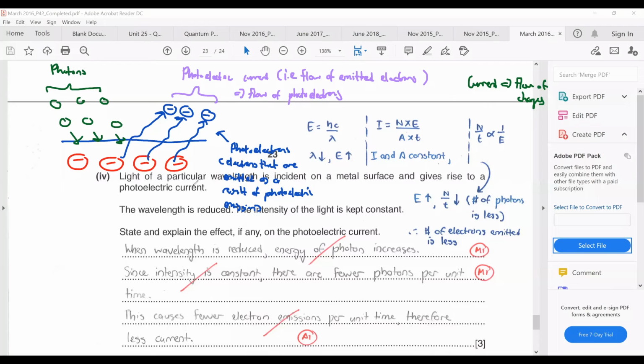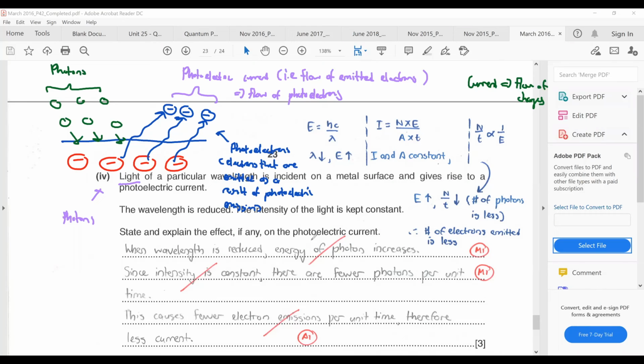Light of a particular wavelength is incident on a metal surface, giving rise to a photoelectric current. The wavelength of the light is reduced. The intensity of the light is kept constant. Still explain the effect, if any, on the photoelectric current. So now, your light is your photons. You know that light is photons already. Light is your EM radiation, and EM radiation is photons. So the energy of your photon is equal to hc over lambda.